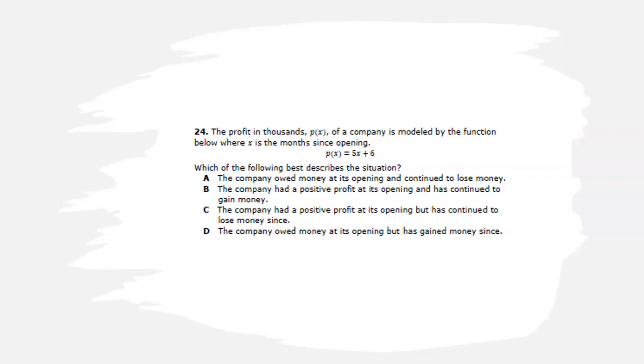The profit in thousands, P of x, of a company is modeled by the function below, where x is the month since opening. Which of the following best describes the situation? So 5 times the months since opening plus 6 equals the profit.